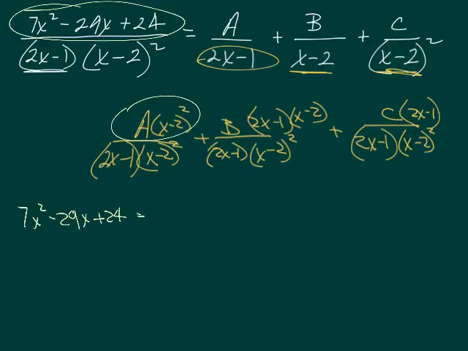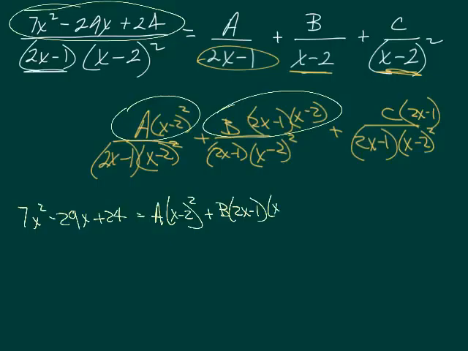A times x minus 2, the quantity squared, plus my B plus my C, and I don't need a denominator. My denominators go away.